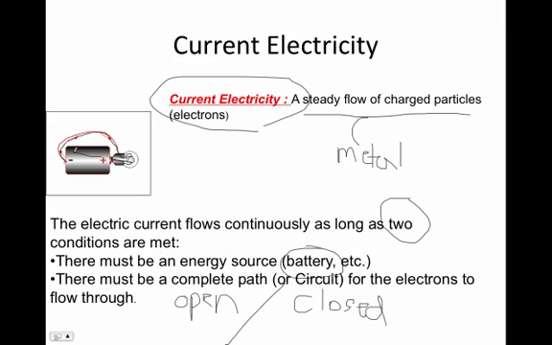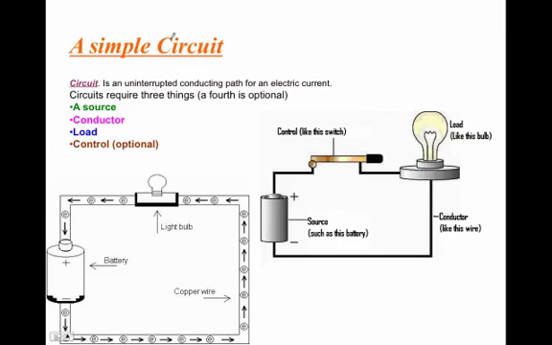And the electrons migrate this way, and we call that an electrical circuit. Here's some different things that might be in a circuit, keeping in mind that the fourth one's usually optional. So we need a source, we need a conductor, which is usually a metal wire, and we need a load.